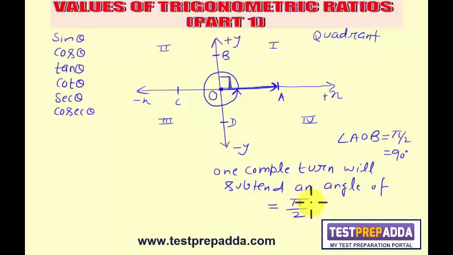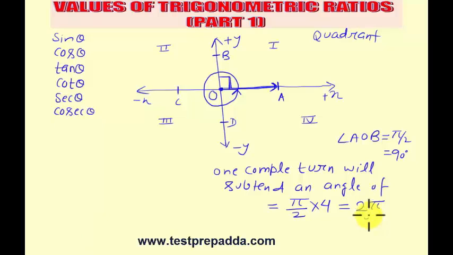Pi by 2 into 4, and that comes to 2 pi. Okay, so in one complete revolution, the ray will subtend how much angle? 2 pi radian.